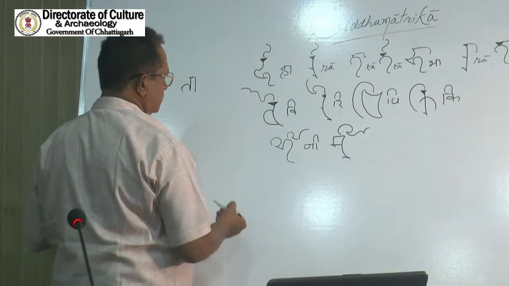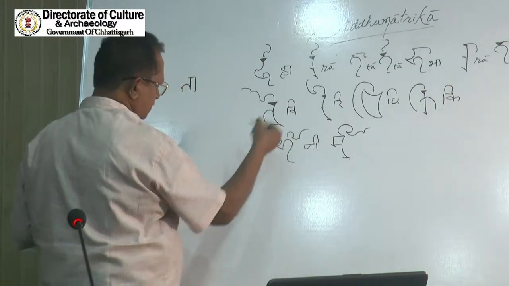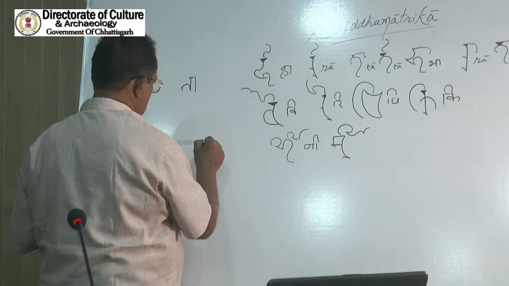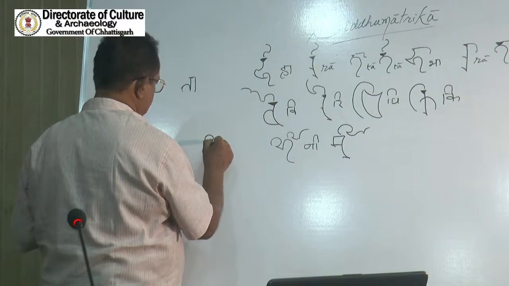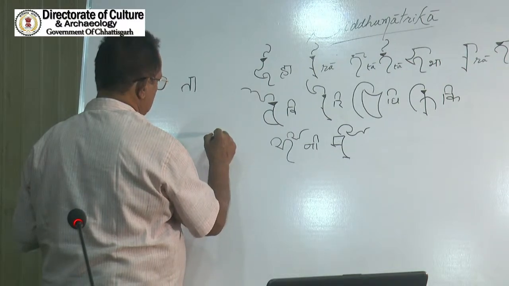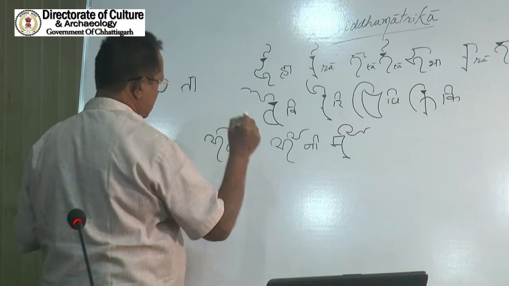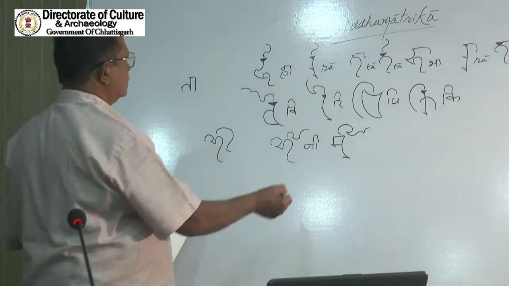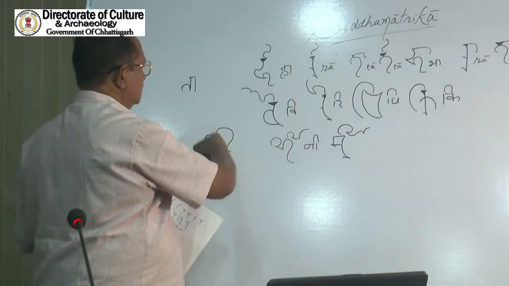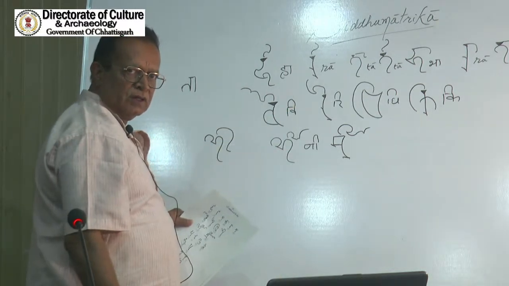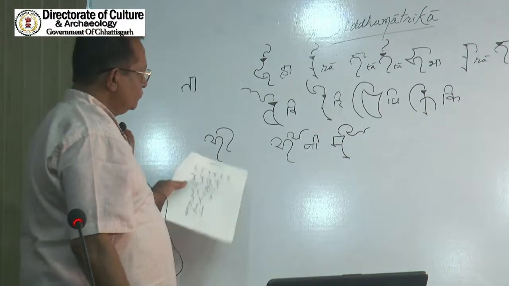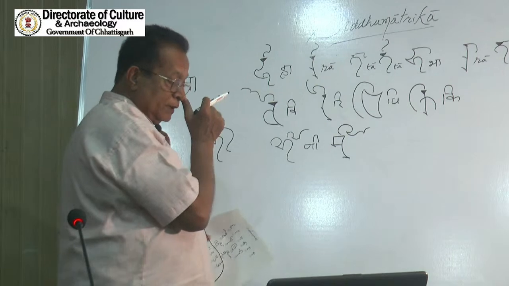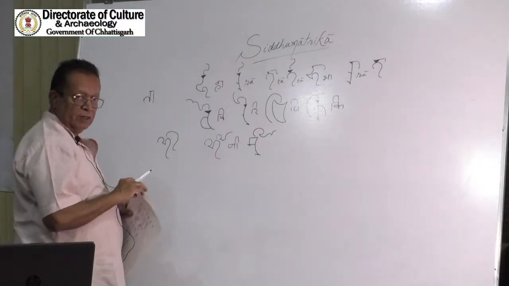And this, I don't have an example here, the same holds also. Why not? It can be this also. It starts a stroke and leaves it like this. Ni dirgha, the same. As you are bringing this side, on each side you can bring this stroke downward. Though I don't have examples here, it is possible.